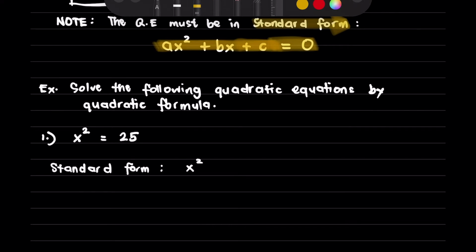Ililipat natin yung 25 sa kabila. Dito wala tayong linear term, okay lang kung walang linear term. Basta tandaan nyo, dapat lahat ng mga terms mo ay nasa left side. Ililipat ko si 25, magiging negative 25 na siya, so that is negative 25 equals 0.